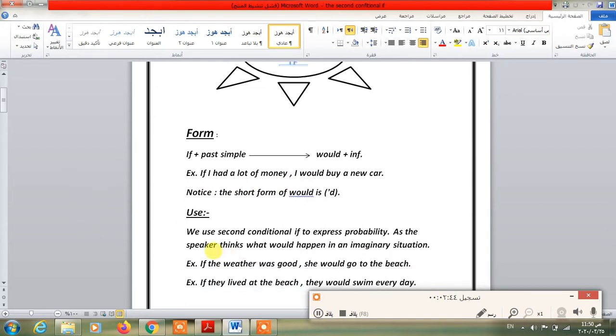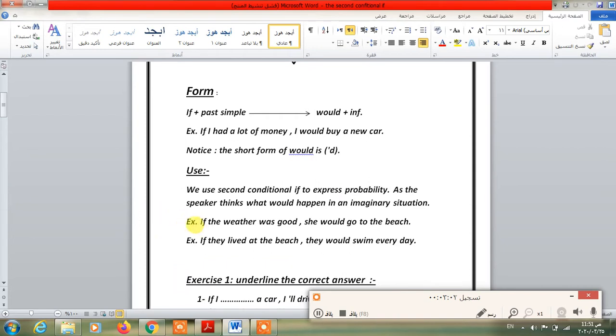We use the second conditional if to express probability, as the speaker thinks what would happen in an imaginary situation. For example, if the weather was good, she would go to the beach.